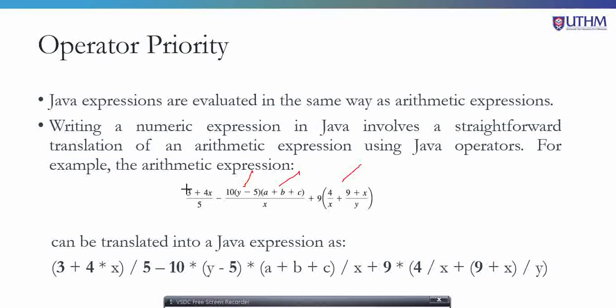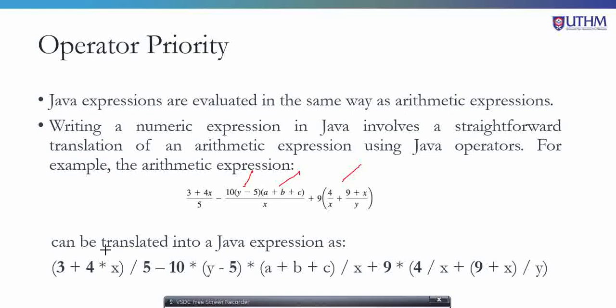It's simply because if we put 3 plus 4 times x divided by 5 without parentheses, it will do the operation of 4 times x divided by 5 first, then the second operation.